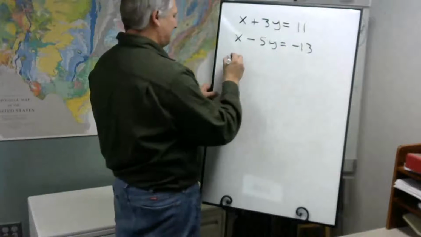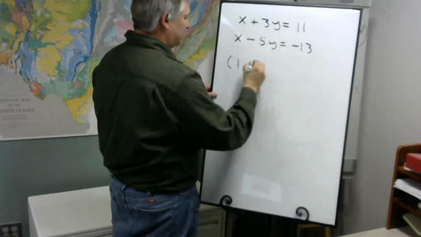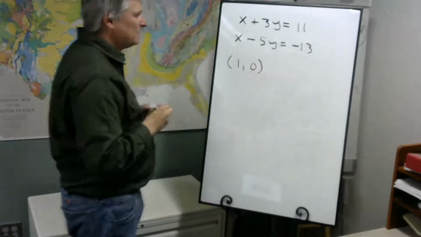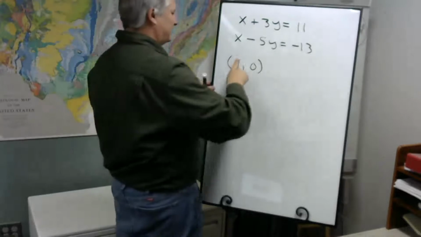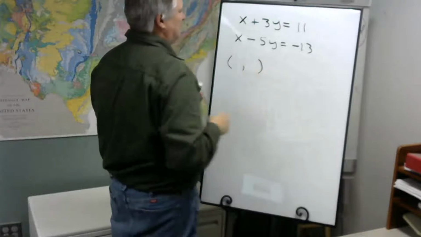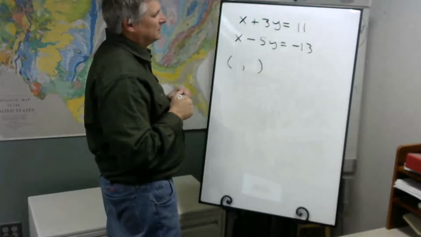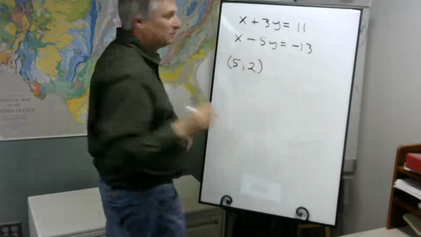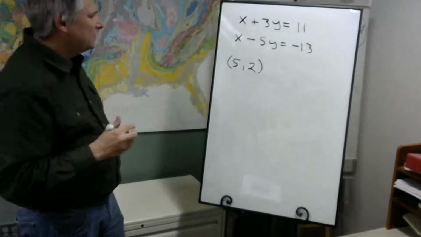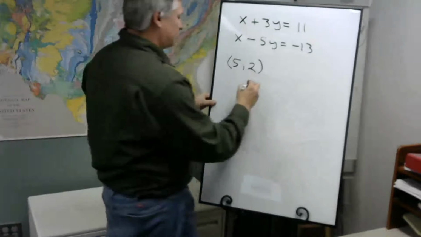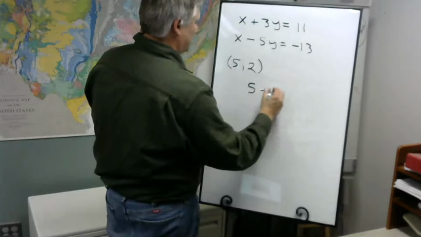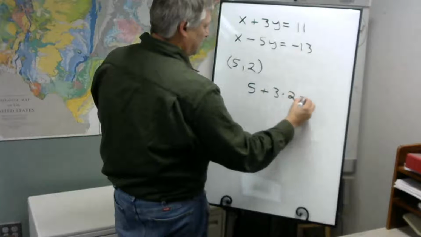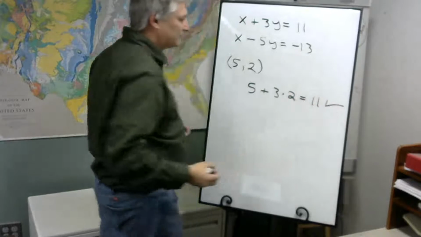Let's guess. Let's say 1, 0. Does this work? Or let's try a different one. Let's say 5, 2. Let's try this. If we try the first equation, we'll get 5 plus 3 times 2, and sure enough, that does equal 11.